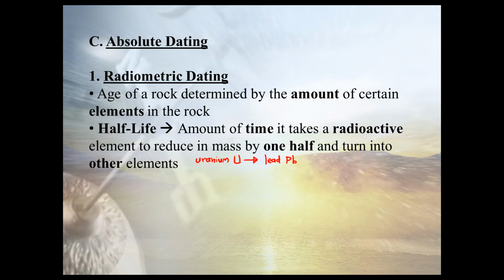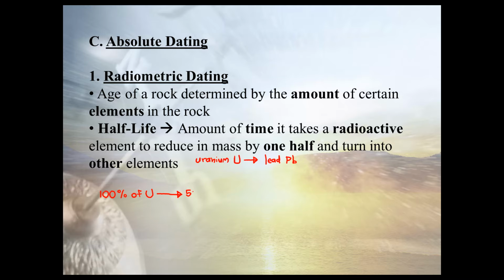Okay, so this uranium decays into lead. Now, let's use this to explain half-life. So let's say that we have a rock, and in that rock, I have 100% of the element uranium. Over a certain period of time, this element is going to decay into lead.